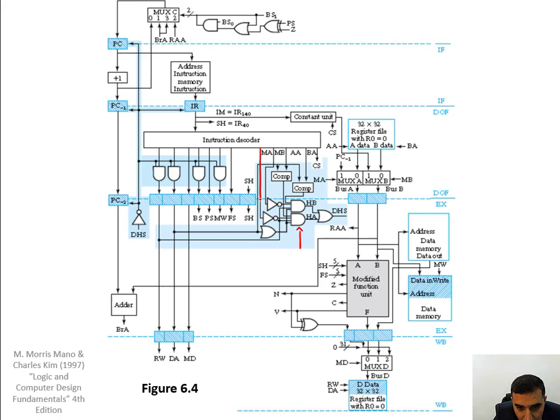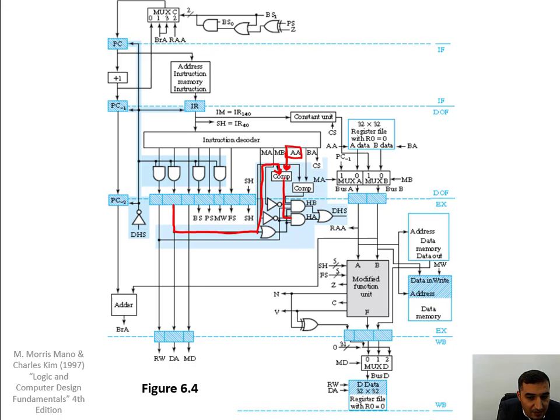This is MA going into an inverter, then going to the AND gate. The second input is AA, which is this one, with DA, which is this one, in a comparator, having the output of the comparator equal to HA.